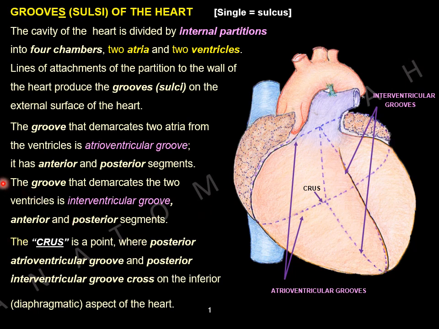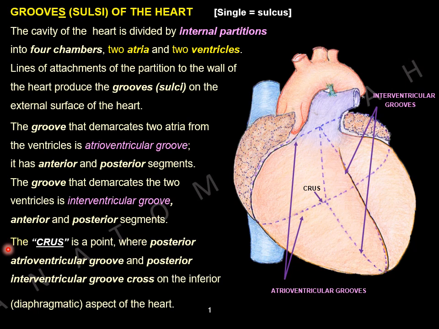The groove that demarcates the two ventricles is interventricular groove. It also has anterior and posterior segments. This is two ventricles. This groove between the two ventricles is interventricular groove. It is anterior segment and this is posterior segment of the interventricular groove.